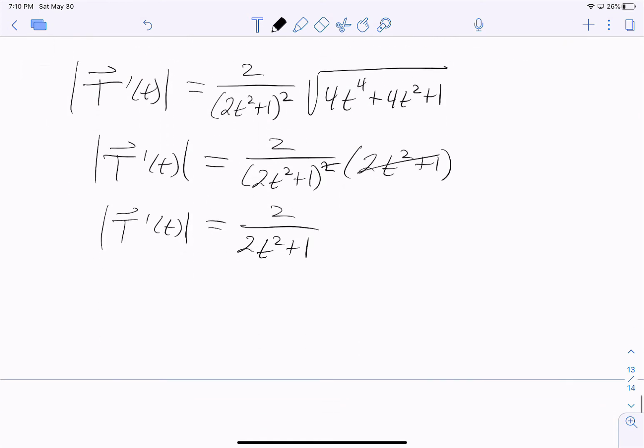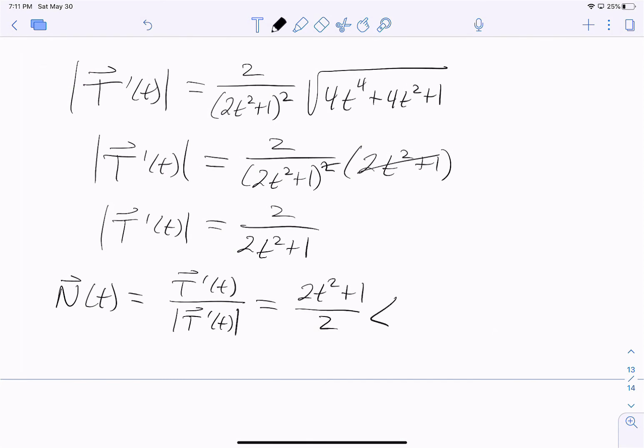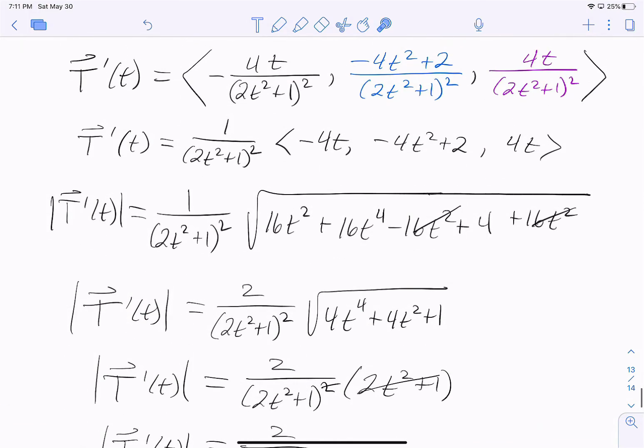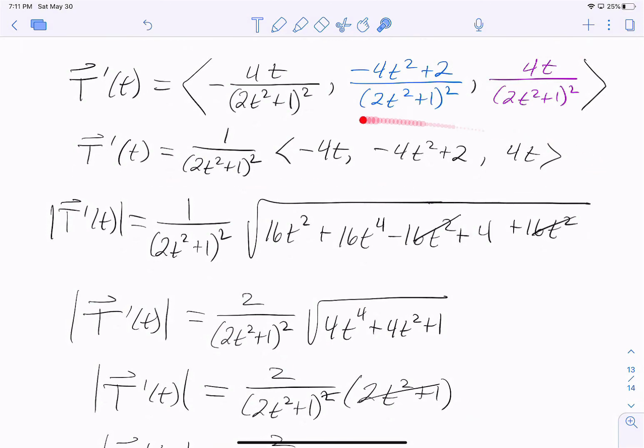All right, now we're ready to write down our normal vector. N of t is, of course, T prime of t divided by the magnitude of T prime of t. Because the magnitude of T prime of t is in the denominator, I'm going to write down its reciprocal, 2t squared plus 1 over 2 times the vector T prime of t. Now where is that? Found it.